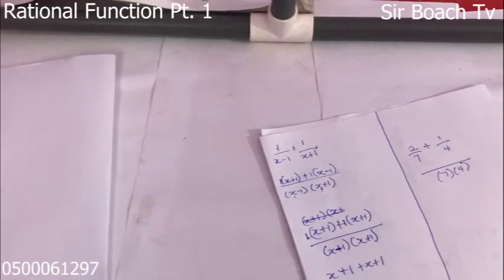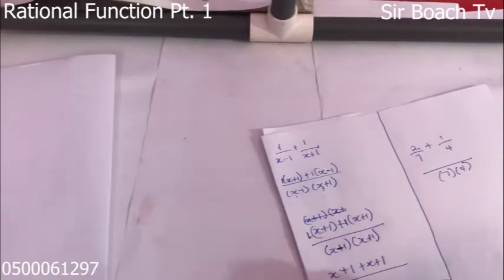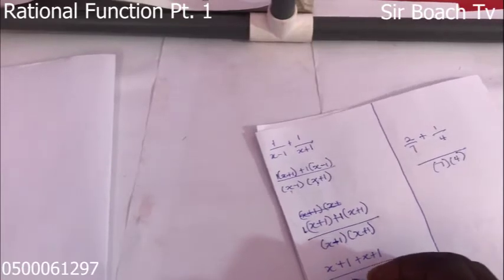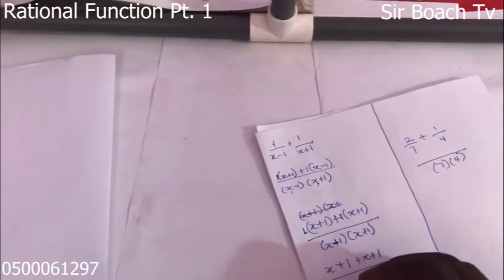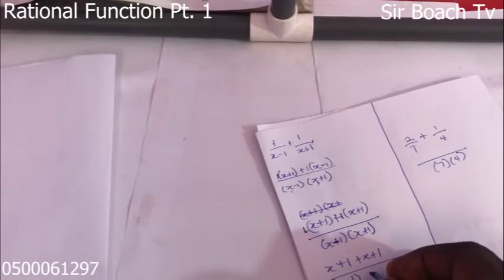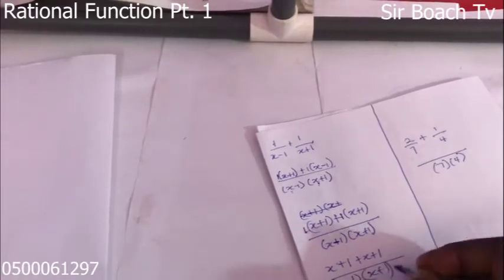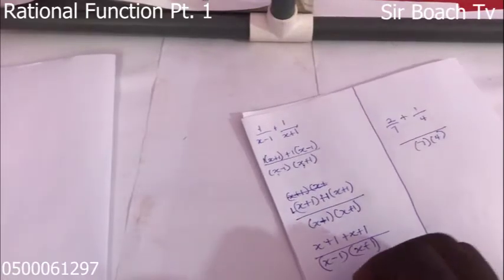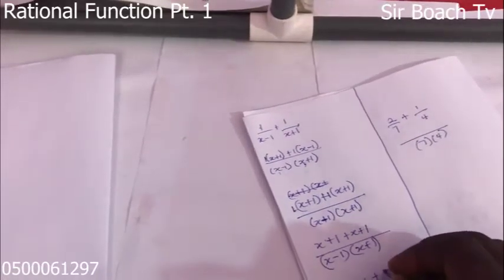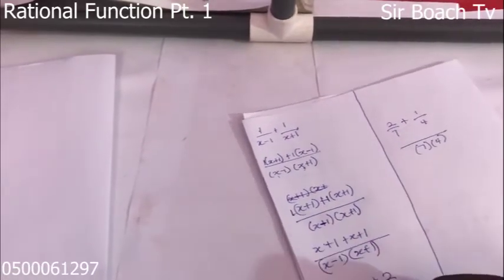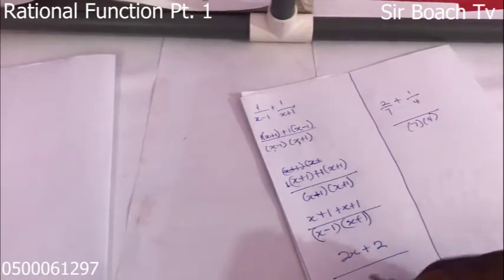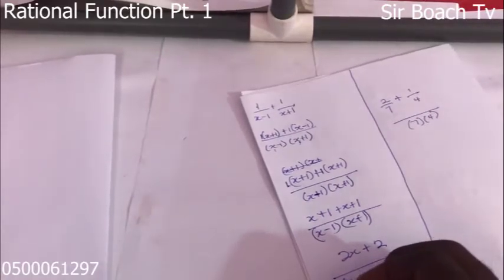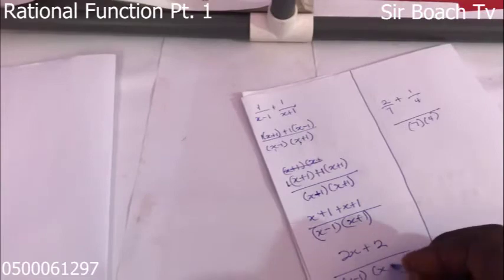We are going to get this, all over x minus 1 in the bracket, then also x plus 1 also in the bracket. So when we simplify that, we're going to get 2x plus 2 all over x minus 1 and also x plus 1.